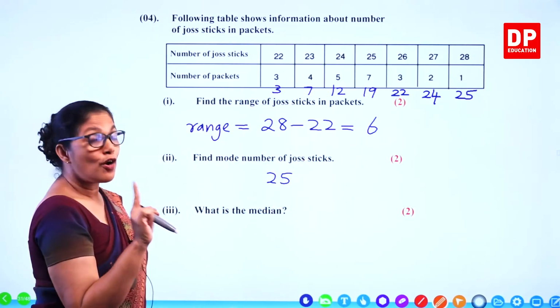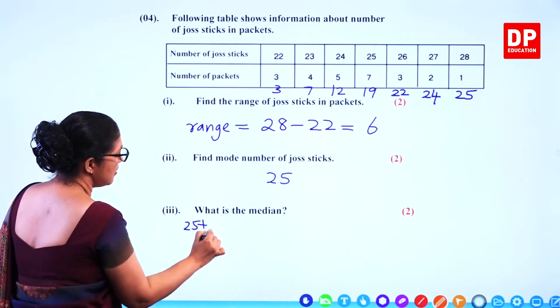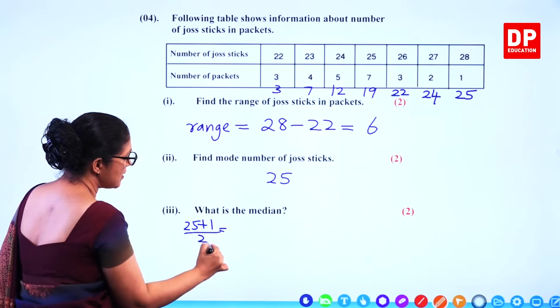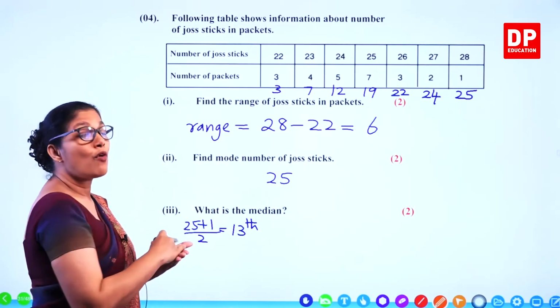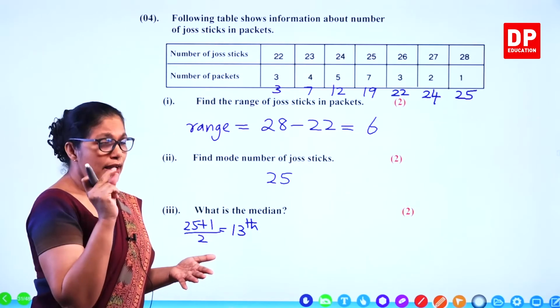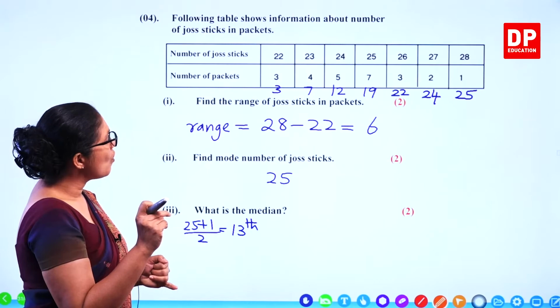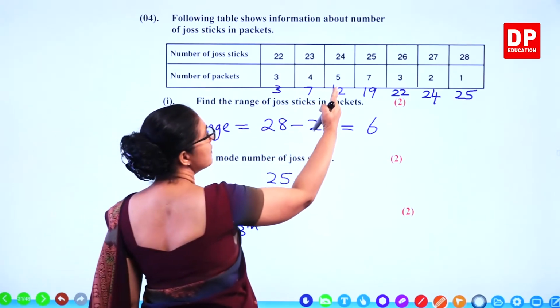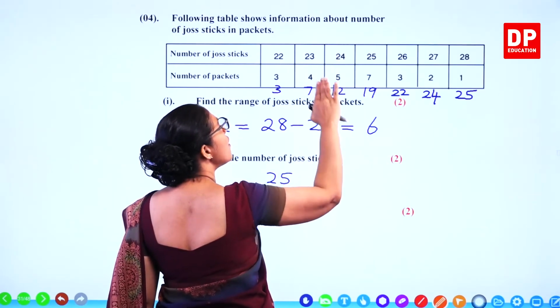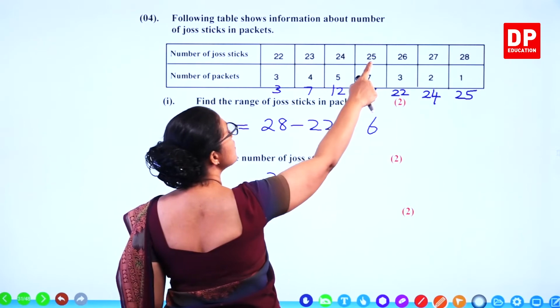So how do you find out the median? We add 1 and divide by 2. So 26 divided by 2, the 13th one is the median. When you have an odd number of data, you get only one middle number. So that's the 13th one here. So how do you find out where the 13th one is? Up to 12, this is 24. 13 onwards, 13, 14, 15 up to 19, that's 25.